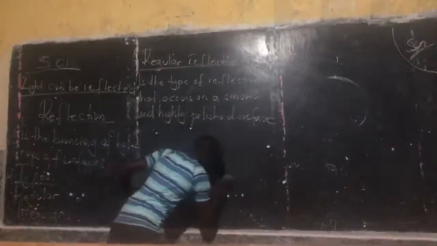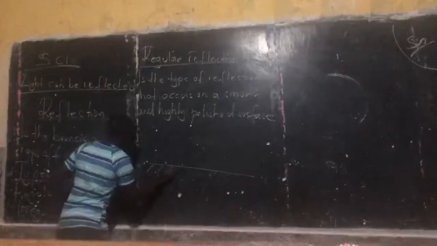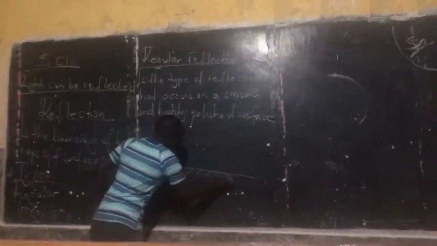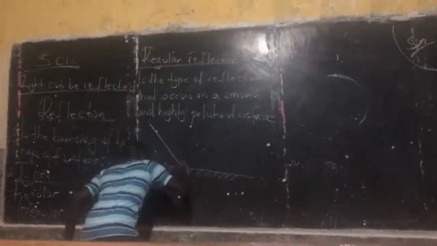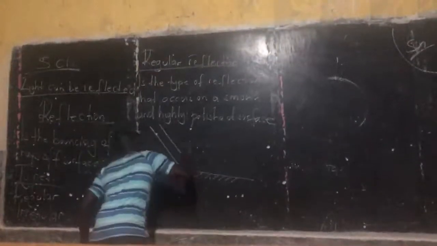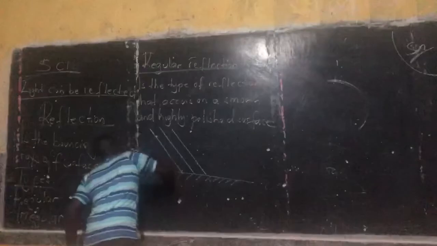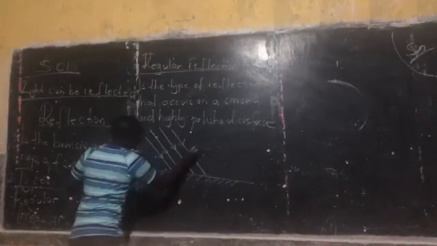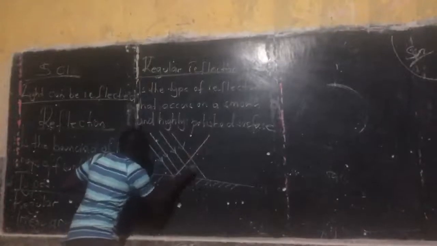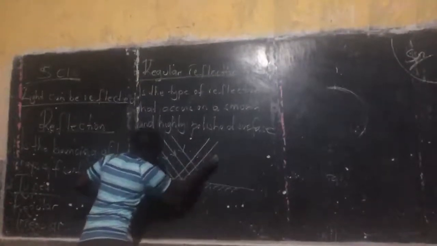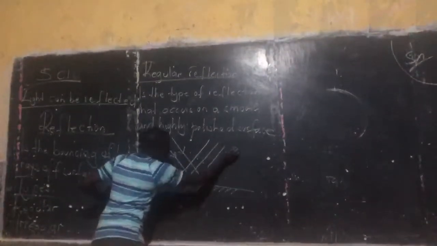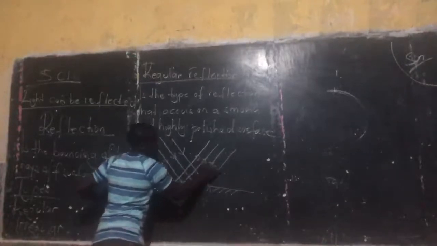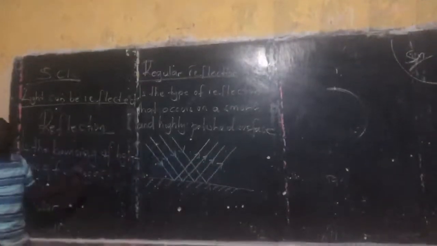The surface looks like that. So light rays come in, and another one here. That's what they call a regular reflection.